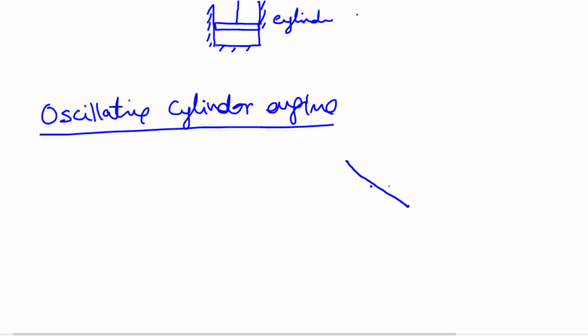This is crank. This is connecting rod which is fixed.